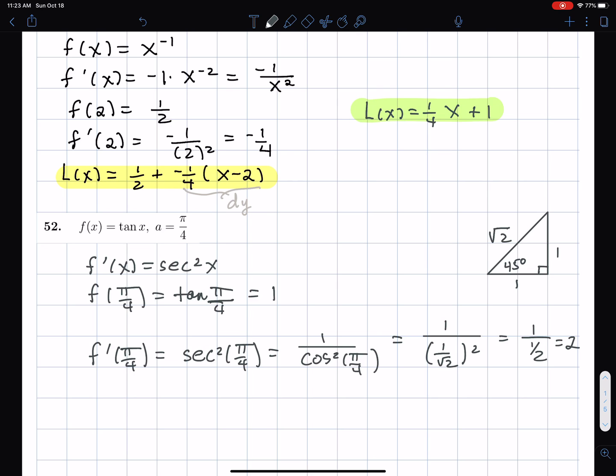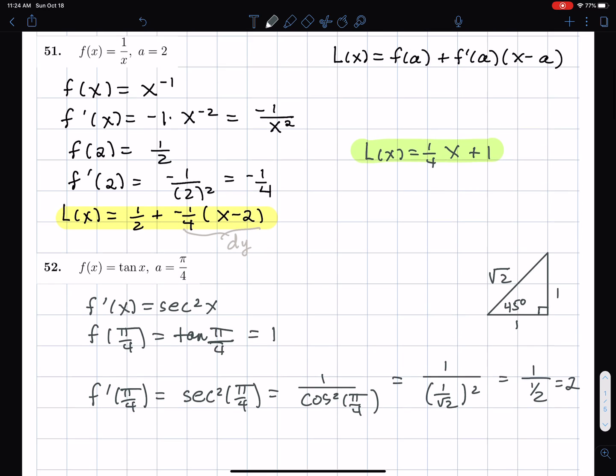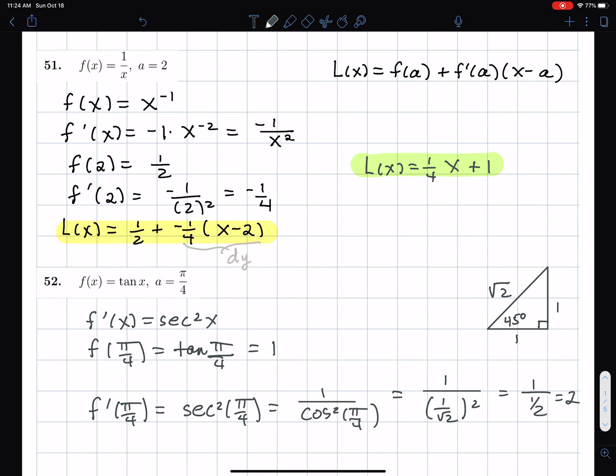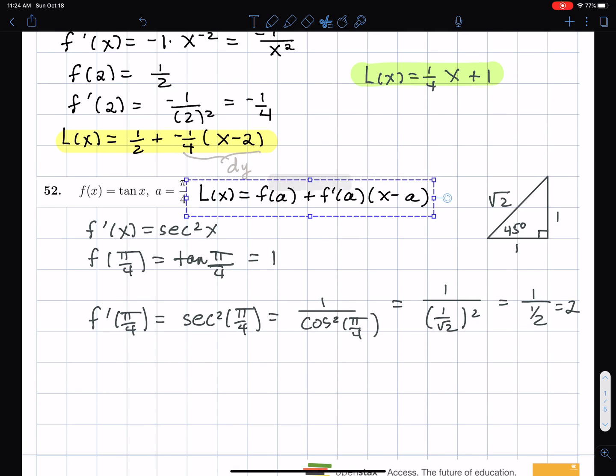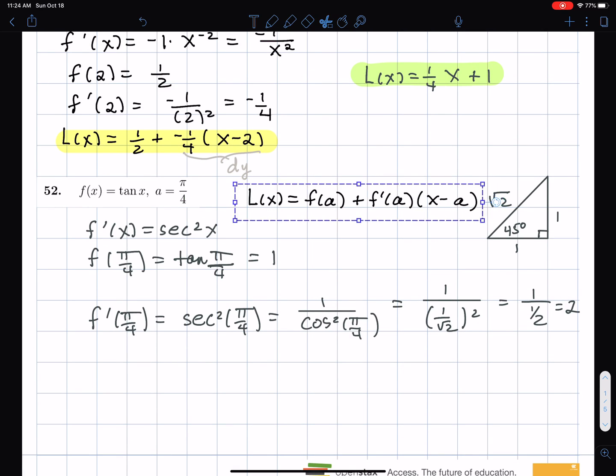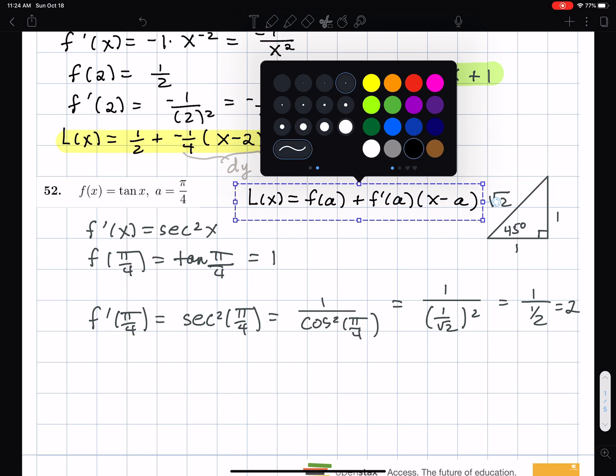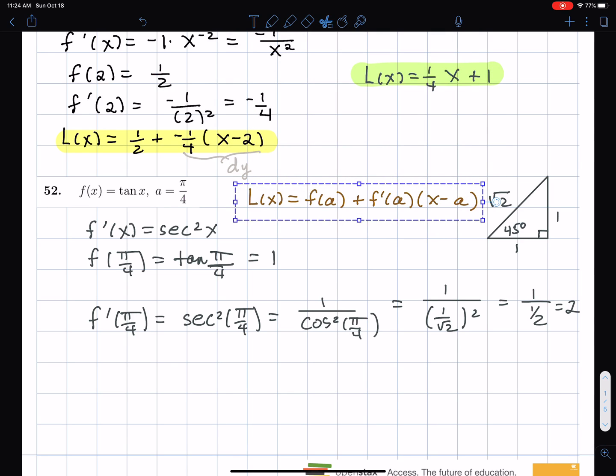Okay, so those are things that we should be able to figure out whichever way works best for each person, determining those values. There's always the unit circle also, so it's good to do it that way.